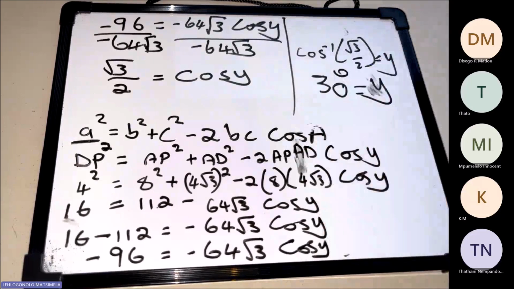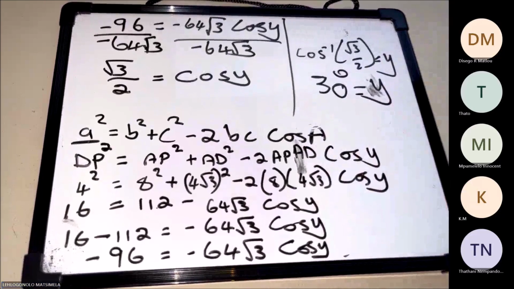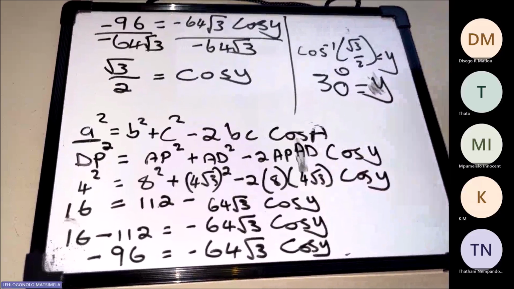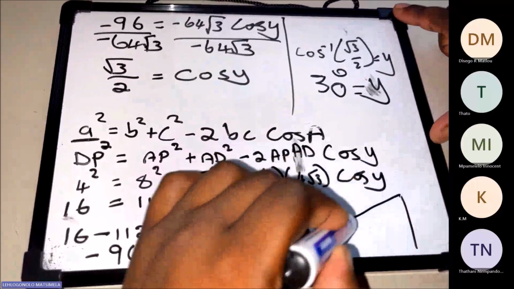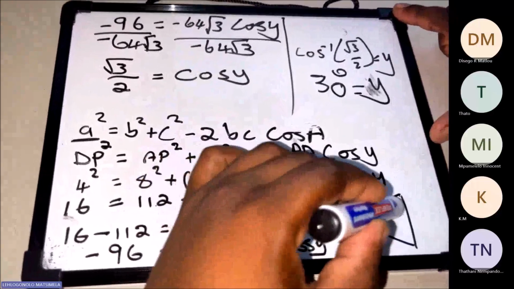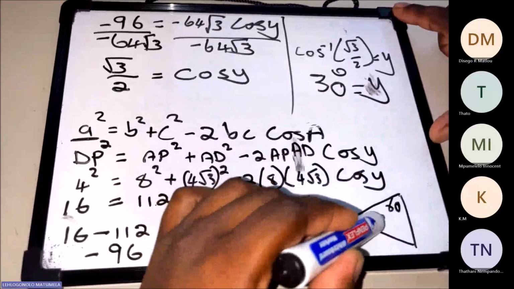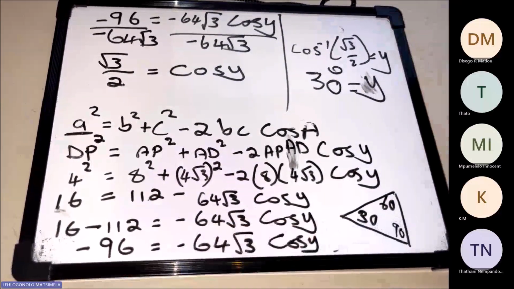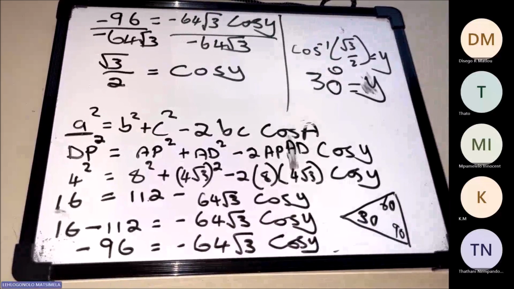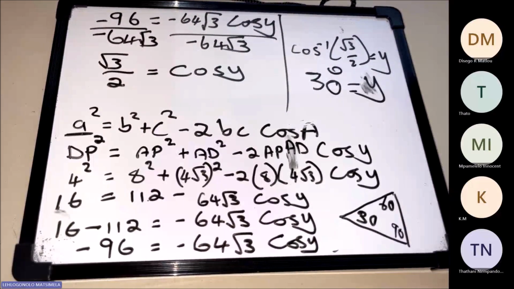Then Y is 30 degrees. So which means we can find the other angle of that third angle of that triangle: here we are having 60, here we'll be having 30, and the remaining part to give us 180 is 90. And we just figured it out. So the third angle of a triangle is always easy.